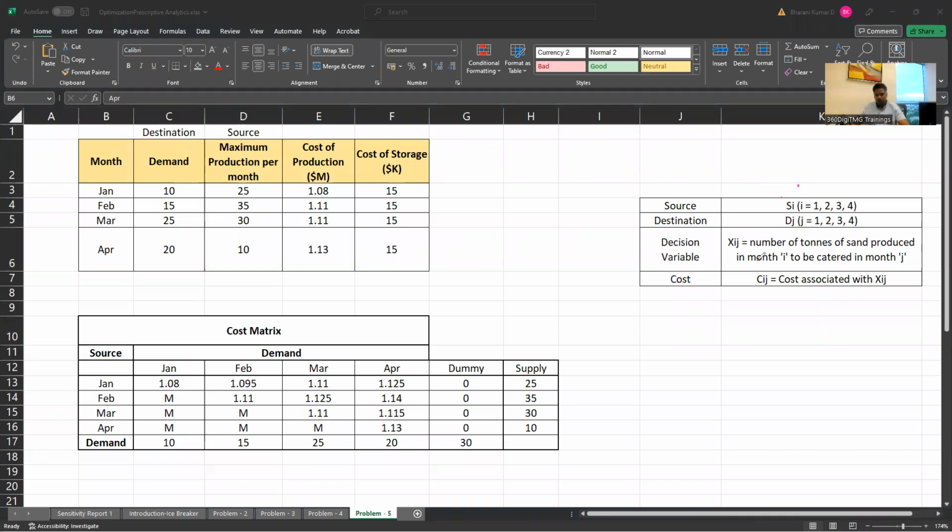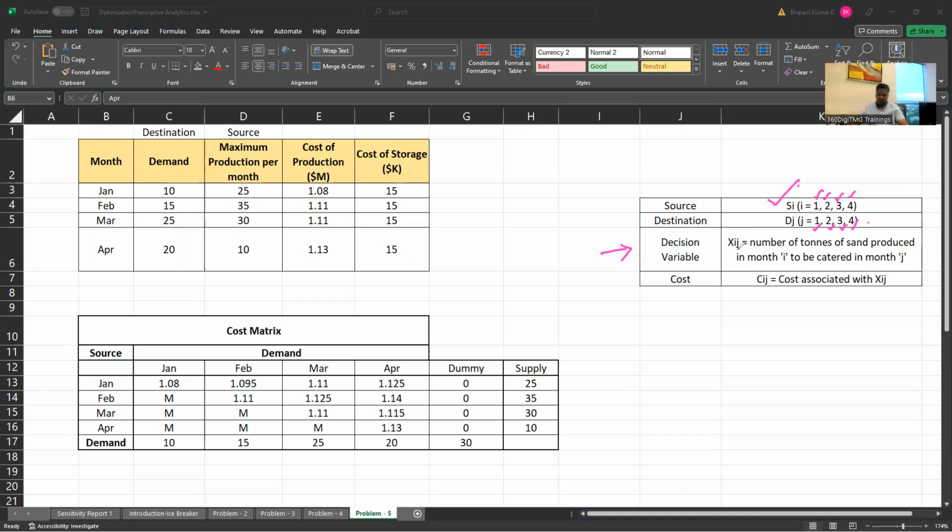SI is the production of sand in first month, second month, third month, and fourth month. And you have the demand, destination or demand basically, for each of the months, 4 months. And the decision variable here is how many tons of sand are we going to produce in month one, which will be catered to in month one only, or month one, which will be actually used up in month two.